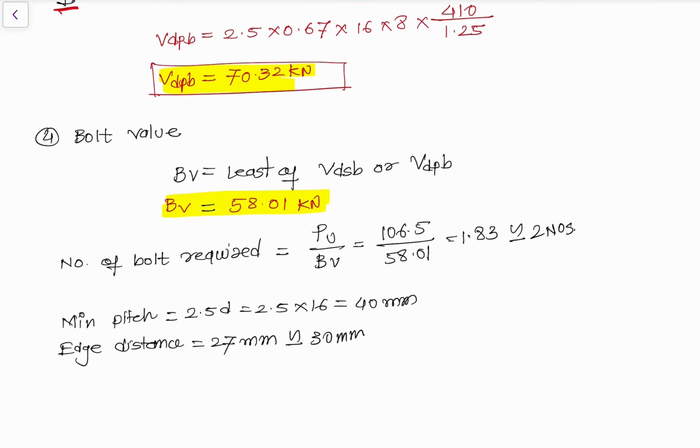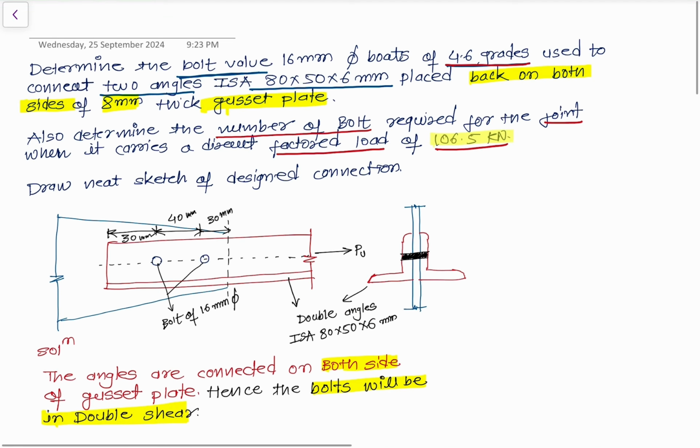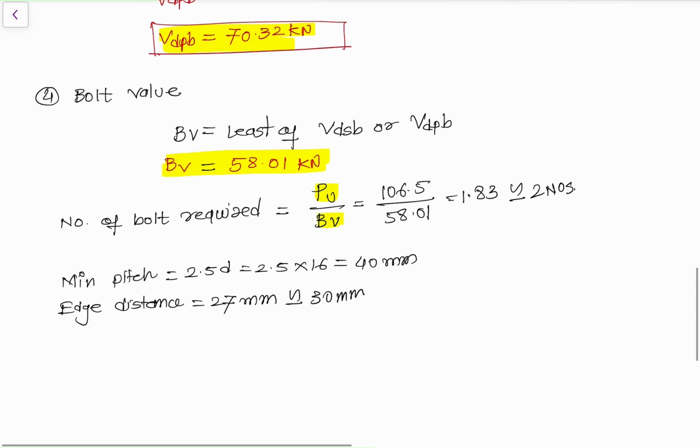The number of bolts is the factored load divided by the bolt value. In our numerical, the factored load is 106.5 kilonewton. You need to divide that by the bolt value, which is 58.01, so you will get 1.83.